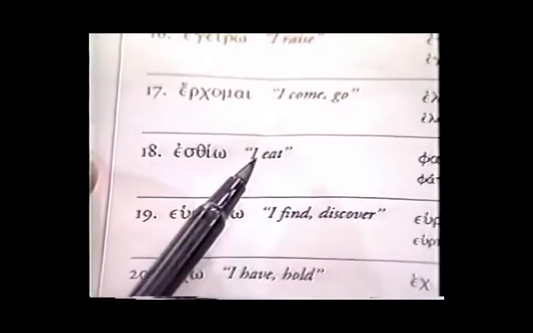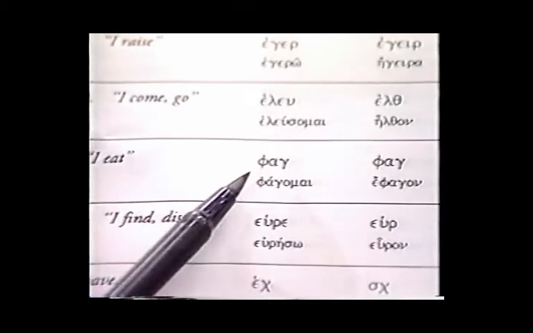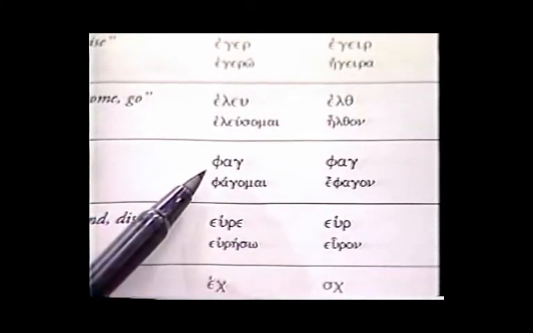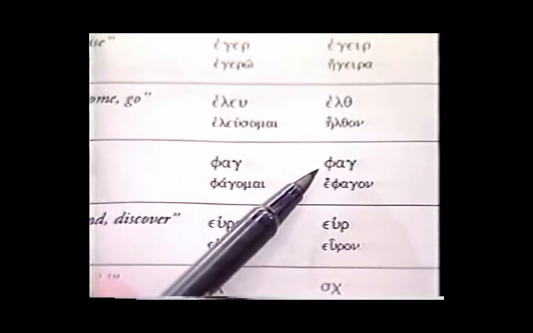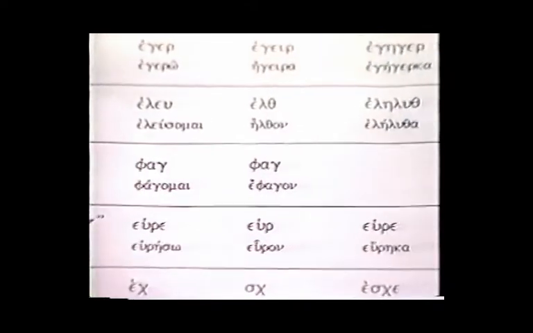Number 18 is estheo. Estheo means I eat. Look at the future stem. The future stem is the stem phag. Look at the aorist stem. The aorist stem is also phag. All right, so we are dealing with an irregular verb or a second aorist verb.